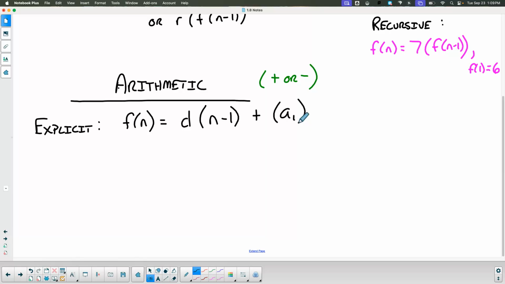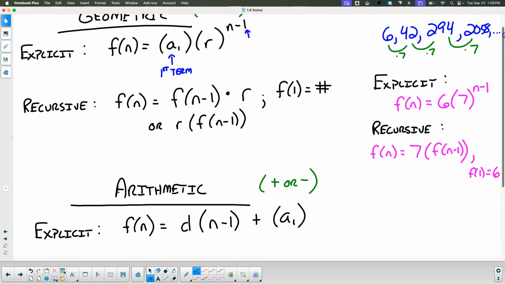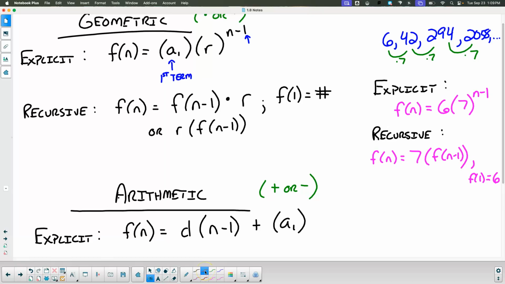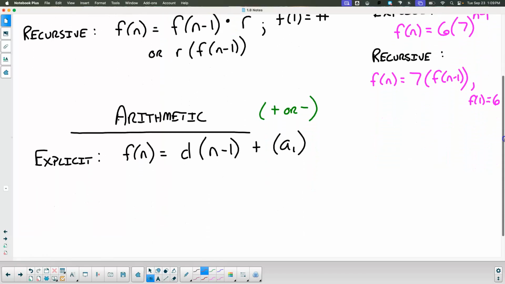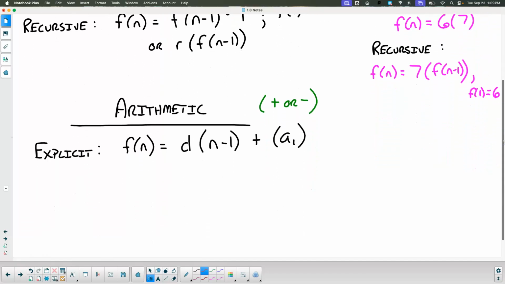I think I forgot to say, way back up here, that r here was our ratio, that which we were multiplying to get the next term. Okay? Because down here, d is our common difference, what we're adding to get the next term.